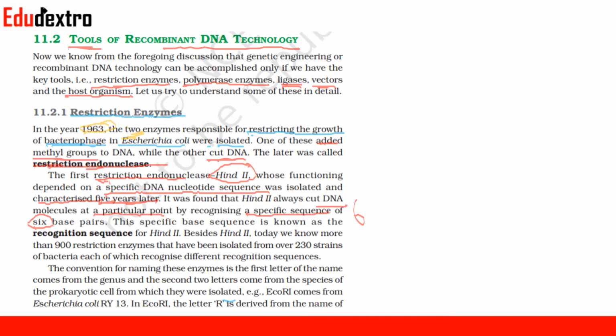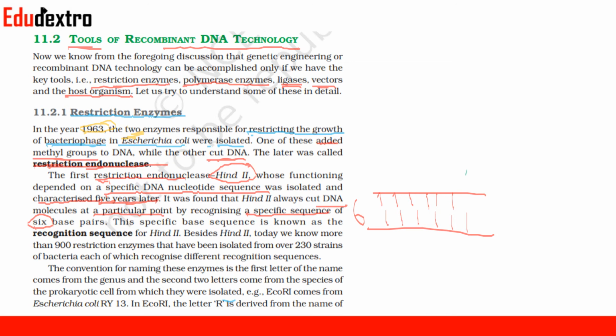The thing is that when HindII was studied carefully, it was revealed that it cuts at specific points at specific sequences of 6 base pairs. So let us consider there are 6 base pairs, 1 2 3 4 5 6 and 1 2 3 4 5 6.